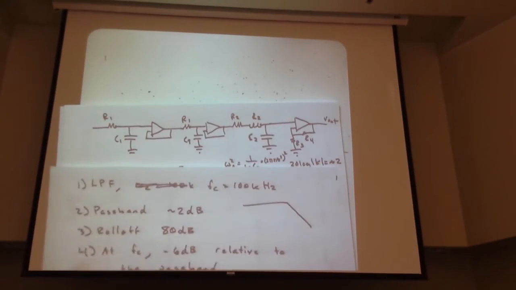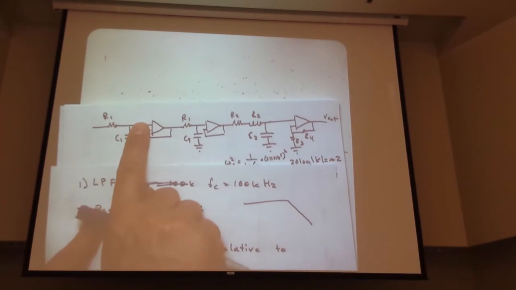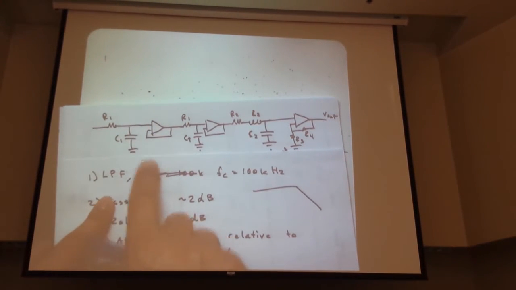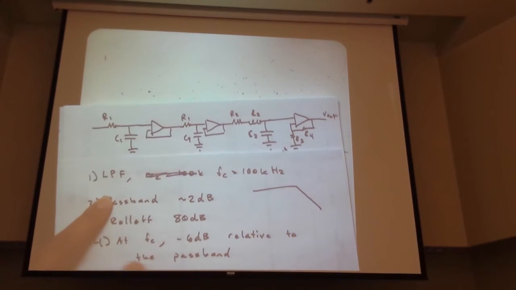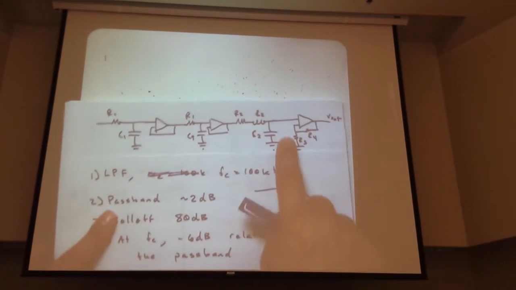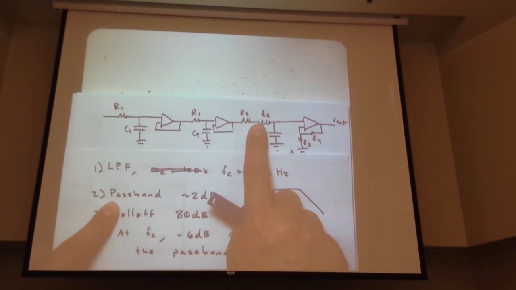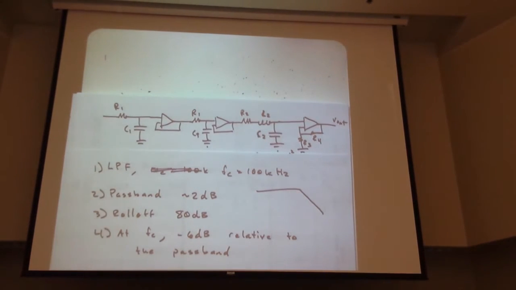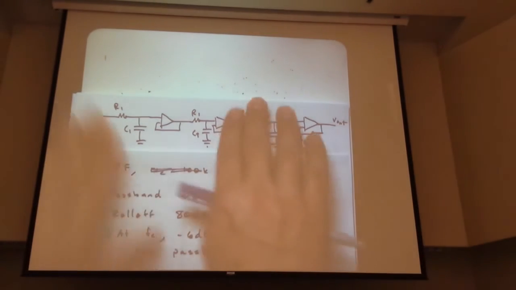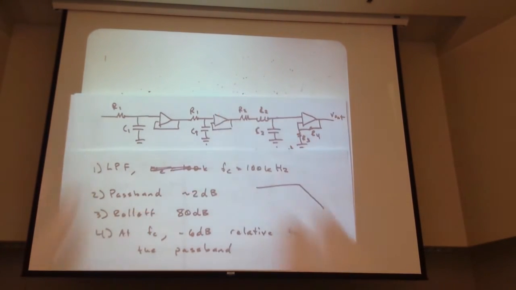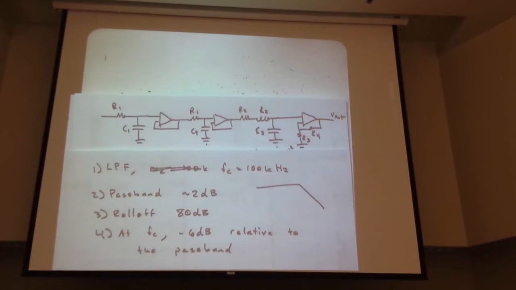So if we replace this with a critically damped circuit, that's going to contribute minus 6 dB at our cutoff frequency, right? This already contributes 0 dB. So that meets spec. And so if we replace this with something underdamped here, that's greater than minus 6 dB, or less, I guess less negative.